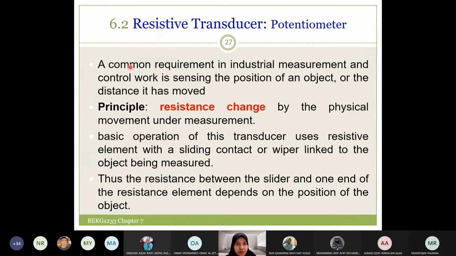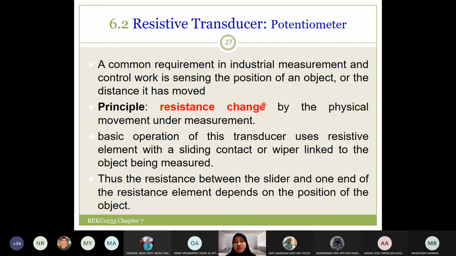Okay, this is an introduction. A common requirement in industrial measurement and control work is sensing the position of an object or the distance it has moved. So resistive transducer principle is based on resistance change by the physical movement under measurement.